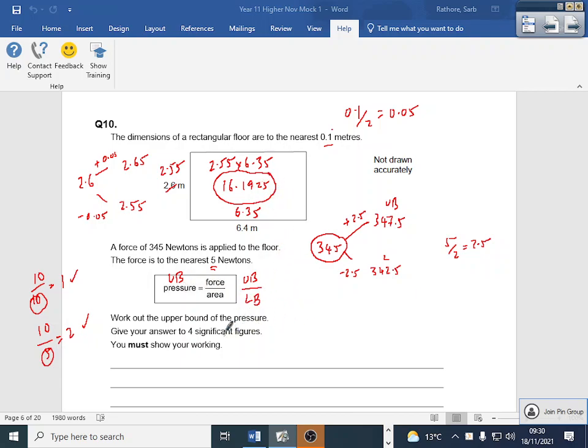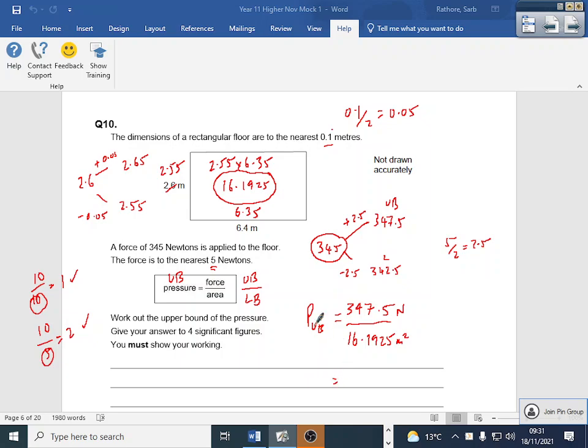So now, for the upper bound of the pressure, the upper bound for the force is 347.5 newtons, and the lower bound of the area is 16.1925 meters squared.